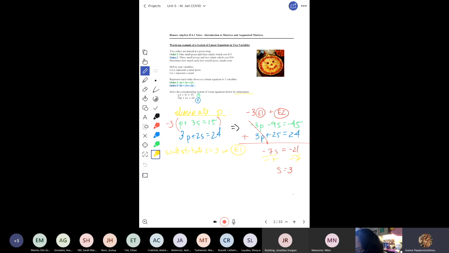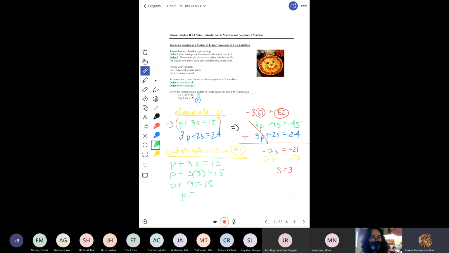And notice how I'm stating what I'm doing. A lot of y'all didn't do that on the quest. You really need to kind of get in the habit of showing what you're doing at each step. Okay, so I'm taking equation 1. I'm substituting in 3 for S.